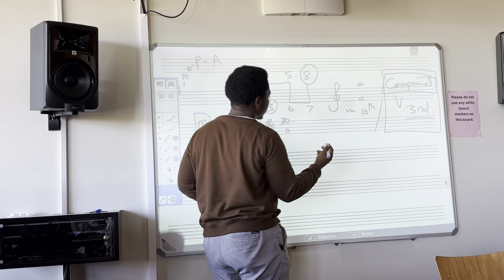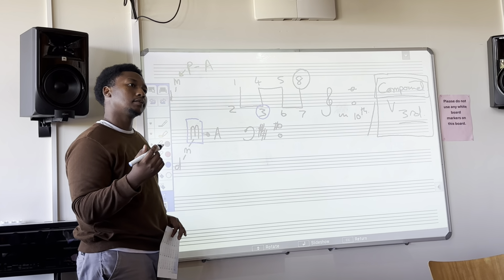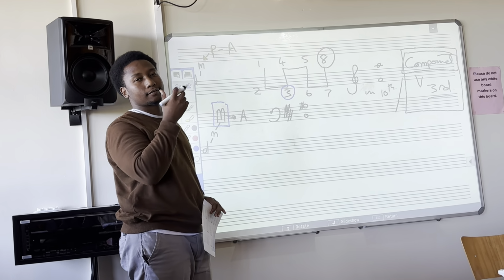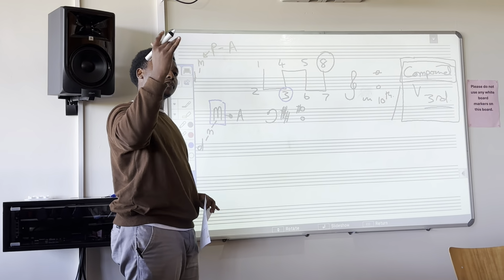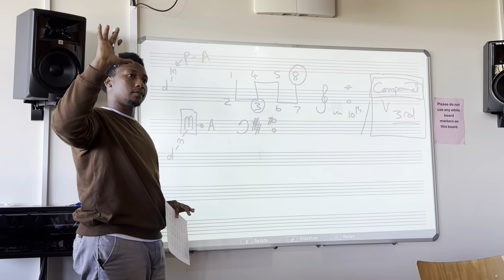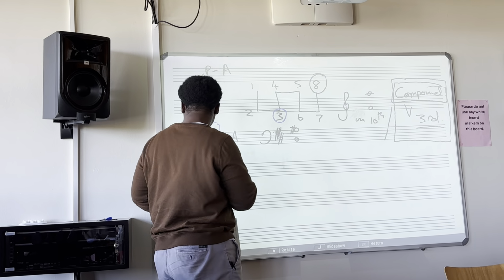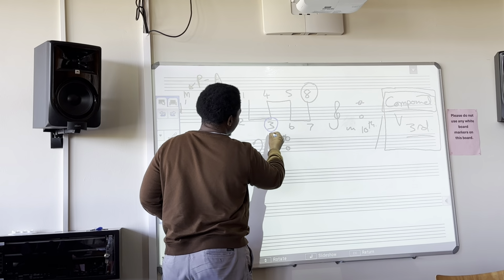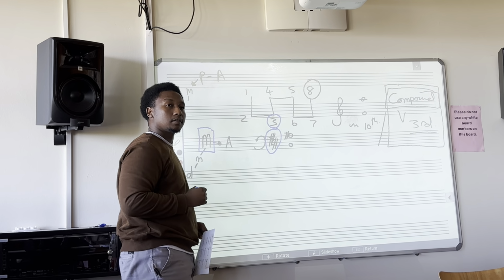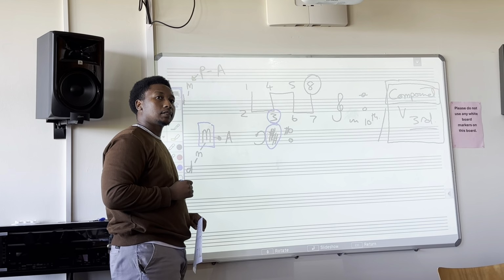B major has how many accidentals? Five. Okay, so five. Now, in this case, you have this key signature with two.